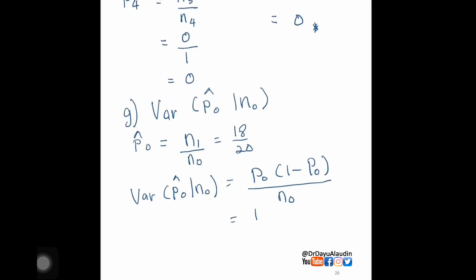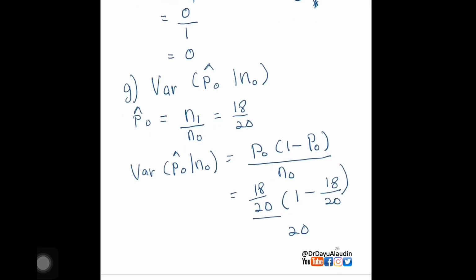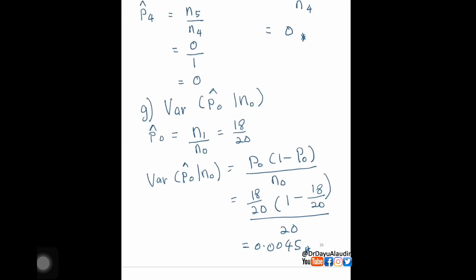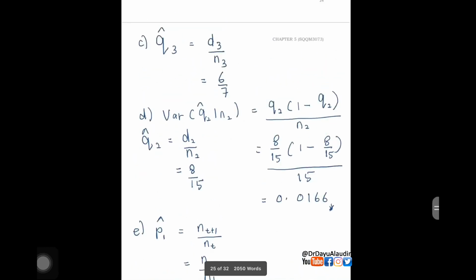So we get 18 over 20, 1 minus 18 over 20. And the answer is 0.0045. So all these are the estimators that you have to know for these two.